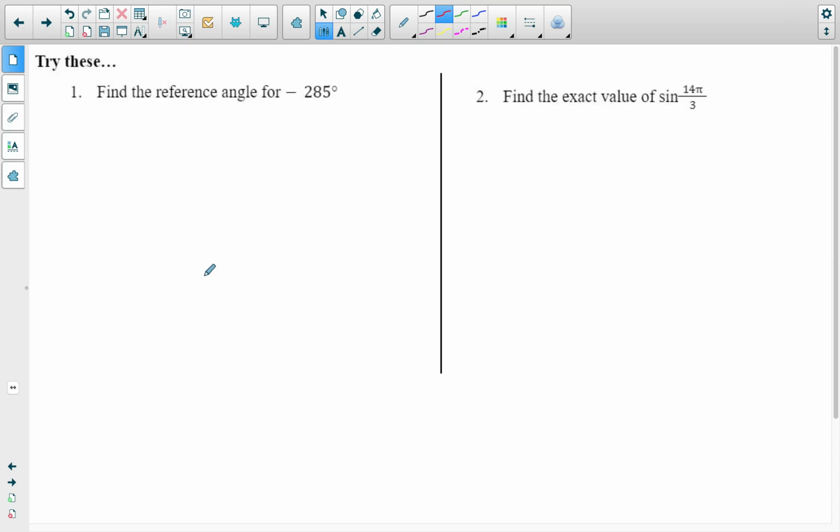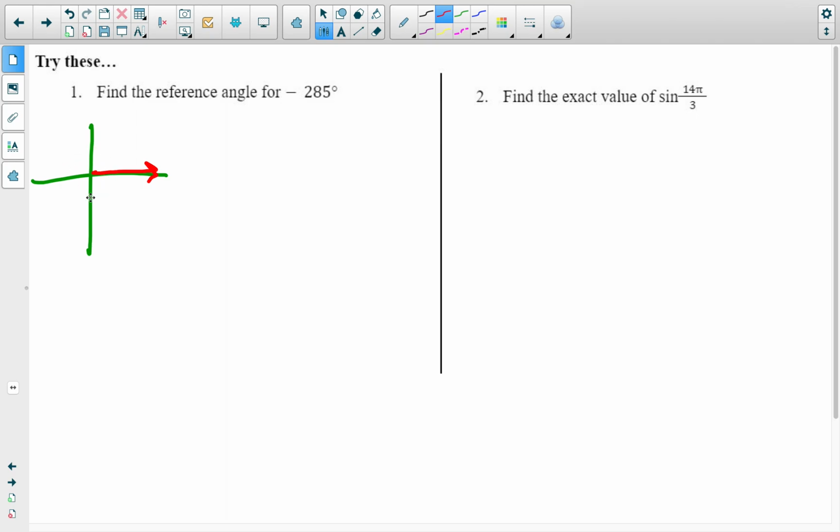Okay, so here's what you might be asked to do. All right, you might be asked to find the reference angle for negative 285. So in order to do this, you have to be really confident in your ability to sketch angles in standard position, right? So we're going negative, meaning we're going to go clockwise. Okay, so this is our initial side of the angle, and then we're going to go clockwise.